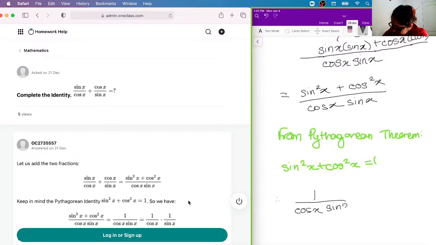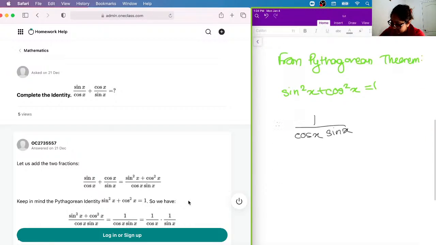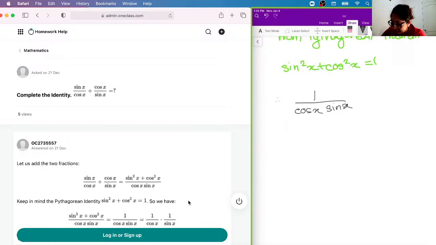And we can further simplify this by breaking it down into two individual fractions. This could equal 1 over cos x times 1 over sine x.